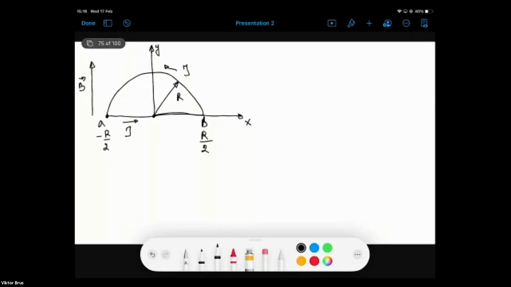We need to go for R. Yes, since it's in the center and we have the radius, it will be from minus R to R. Yeah, thank you very much.